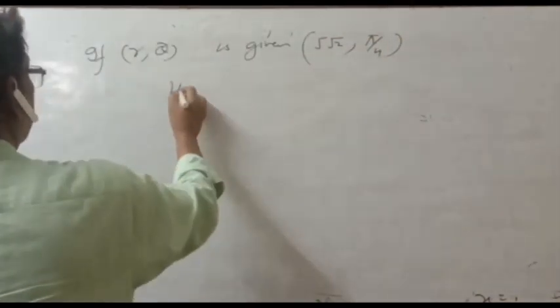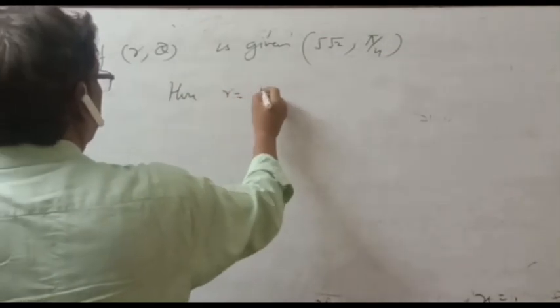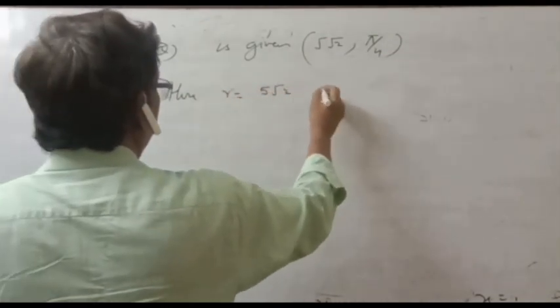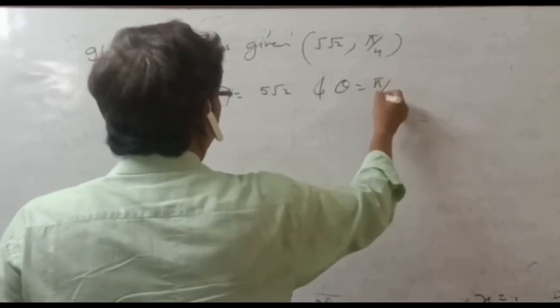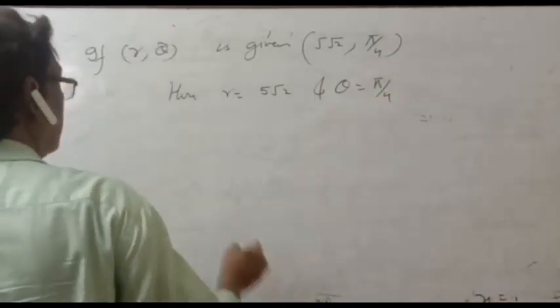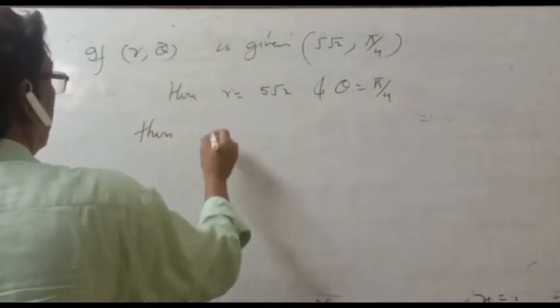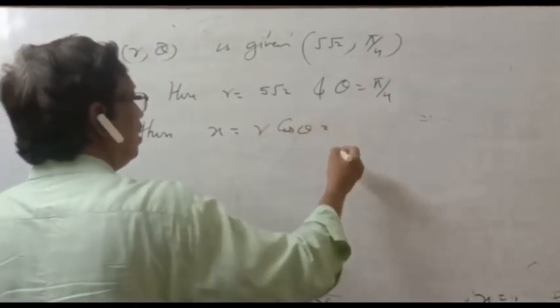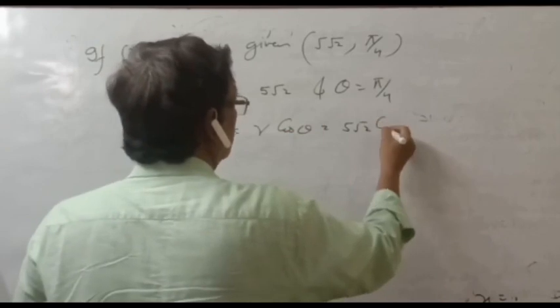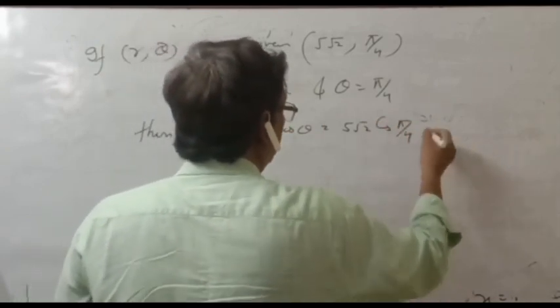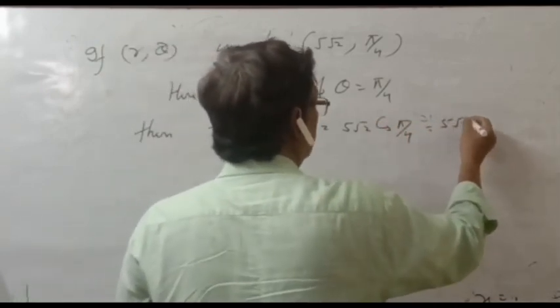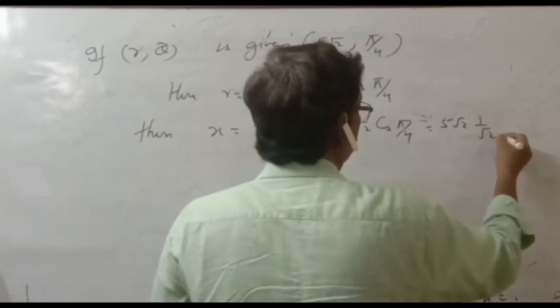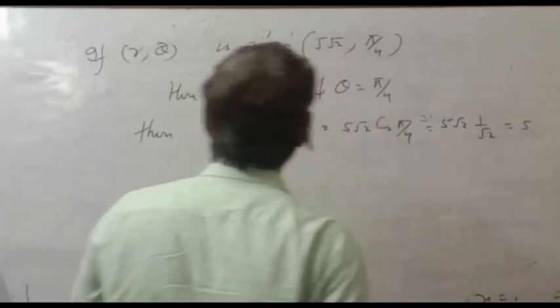Here r is equal to 5 root 2 and theta is equal to pi by 4. Then x is equal to r cos theta, 5 root 2 cos pi by 4, means 5 root 2 times 1 by root 2, that is 5.